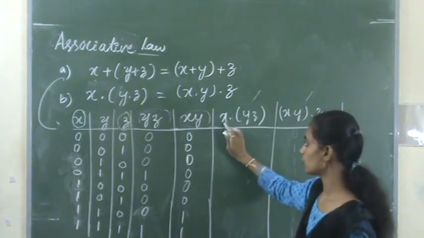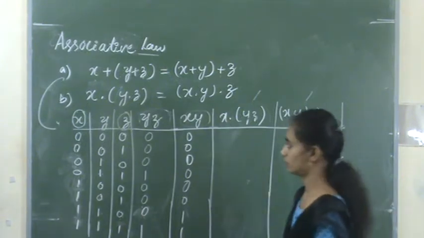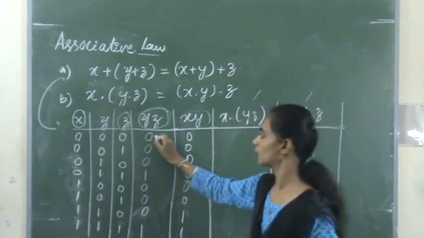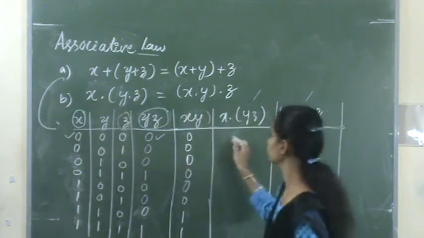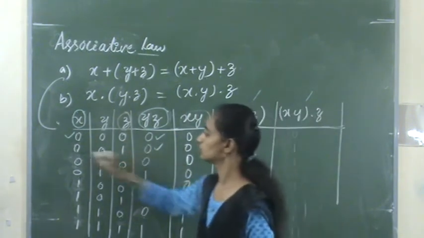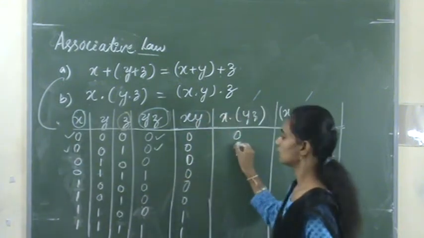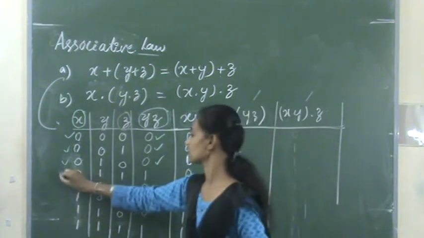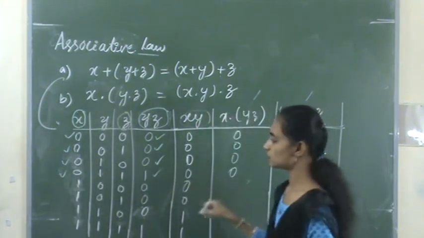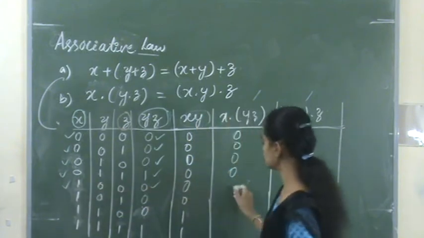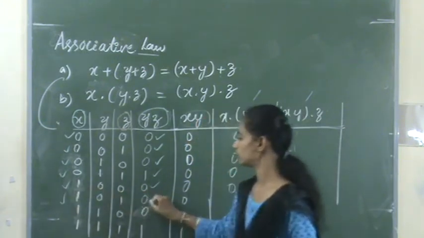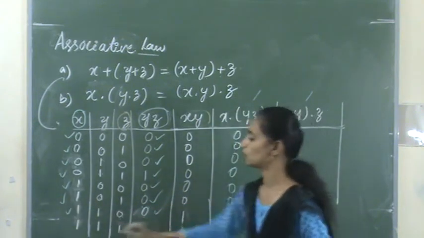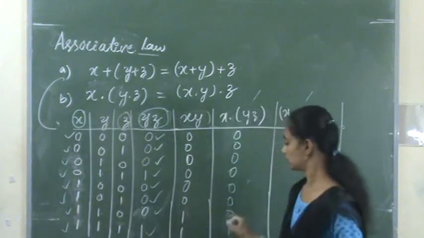We are performing the AND operation with x and then yz, right? 0 into 0 is 0, 0 into 0 is 0, 0 into 0 is 0, 0 into 1 is also 0, 1 into 0 is 0, 1 into 0 is 0, 1 into 0 is 0, 1 into 1 is 1.